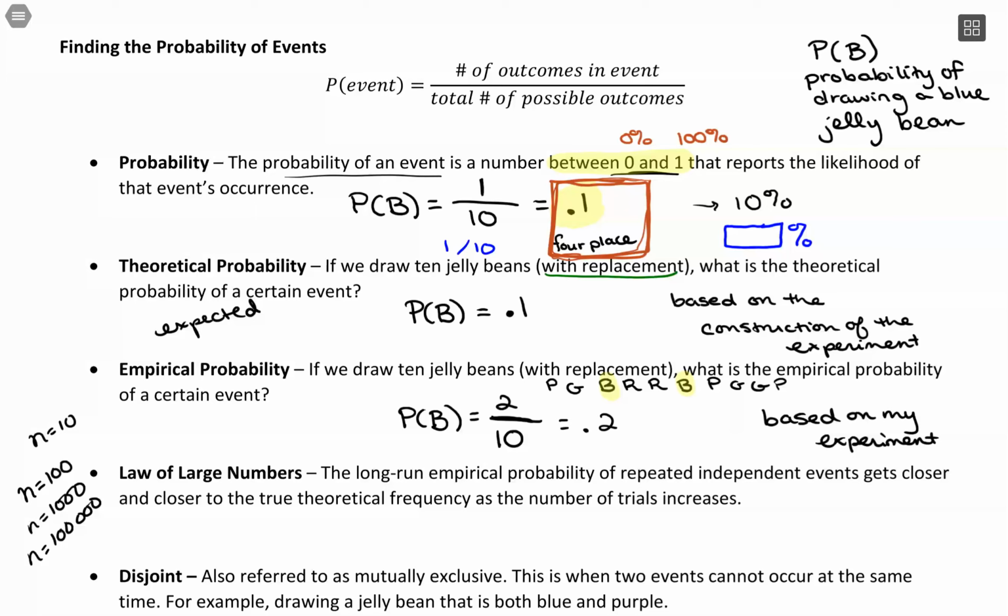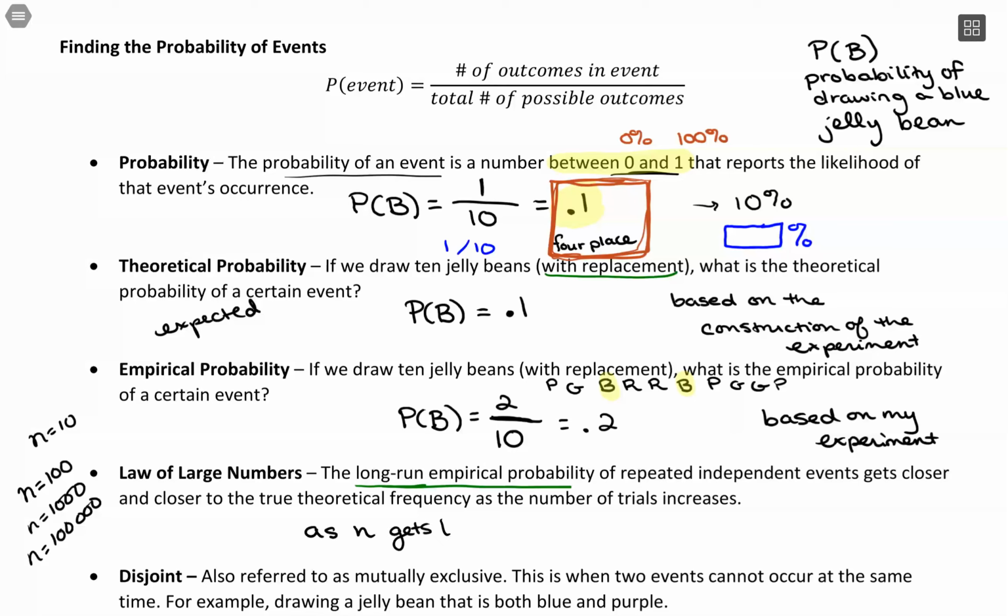But as we repeat the process more, it's going to get closer and closer to the theoretical probability. In terms of flipping a coin, if you flip it 20 times, maybe you'll see 70% heads. But if you continued flipping 1,000 times, that proportion of heads is going to get closer and closer to 50%.